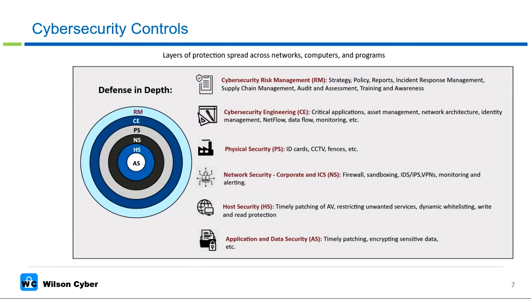And at the operational level, we have physical security, ID cards, closed-circuit television, fences. We have network security, corporate and industrial control systems. We have firewall, sandbox, IDS, IPS, VPNs, monitoring and alerting. We have host-based security, timely patching of antivirus, restricting unwanted services, dynamic whitelisting, write and read protection, and we have application and data security, patching, encrypting sensitive data, etc.